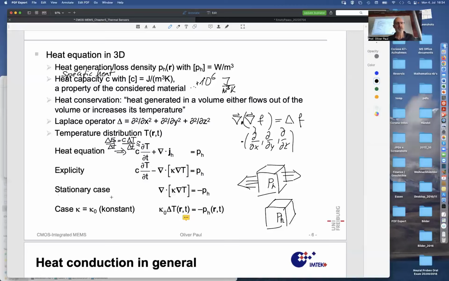In the stationary case, let's say we switch on some heat or some thermal radiation impinges on our sensor, and after a while it will have heated up enough so that there is a temperature gradient, so that whatever additional heat is absorbed is now conducted away, but that temperature difference is now constant.